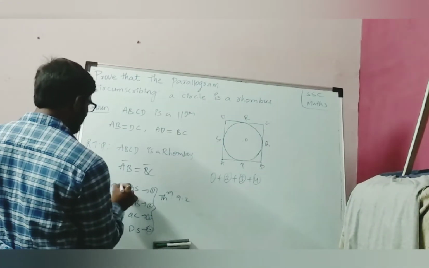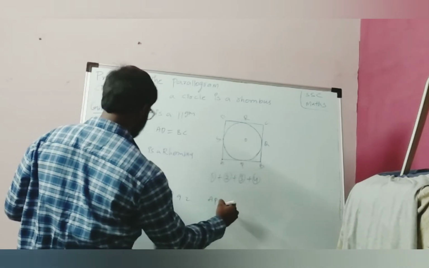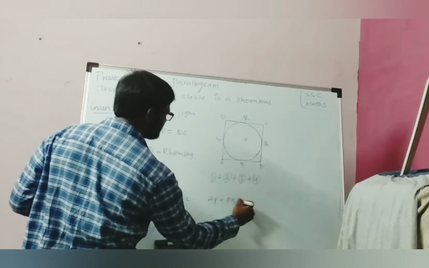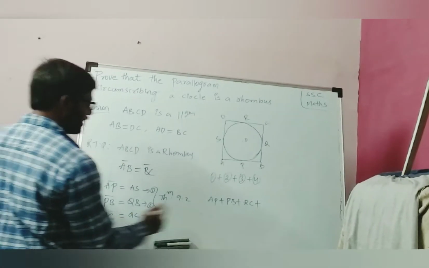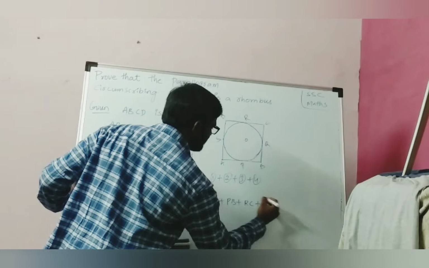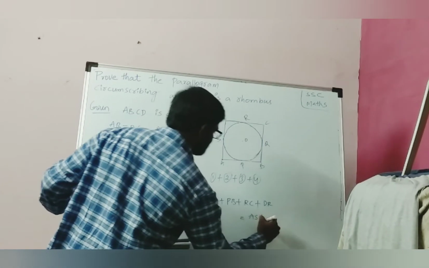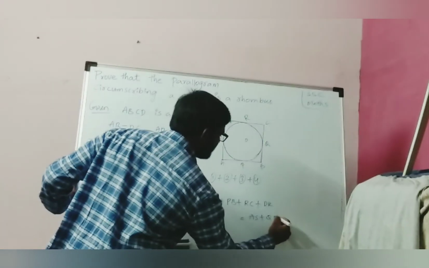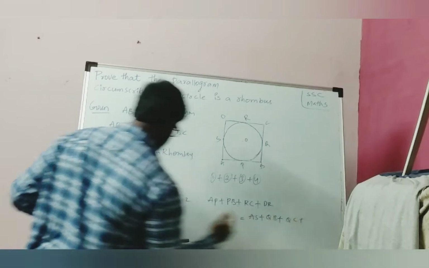First I am adding all the LHS: AP plus PB plus RC plus DR equals AS plus QB plus QC plus DS.